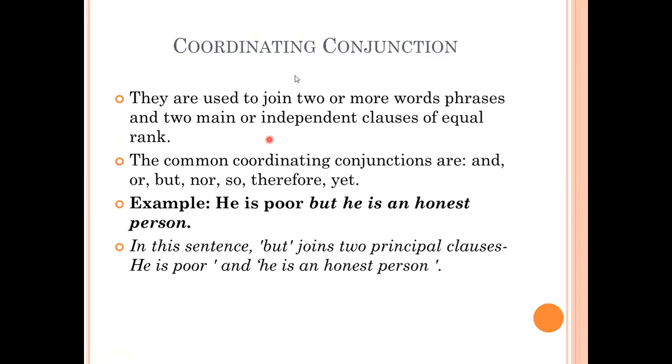Here it says about coordinating conjunctions. They are used to join two or more words or phrases and two main or independent clauses of equal rank. Important is that they join sentences or clauses which are of equal rank.